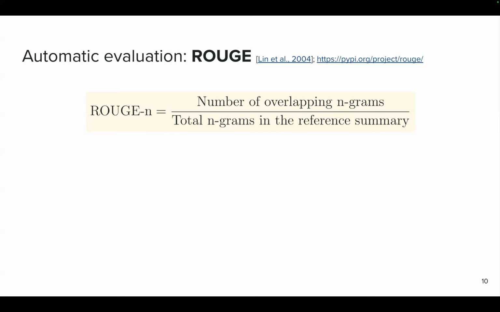Now, highlighting that distinctive property of Blue and Rouge, can you tell me how that can be an issue, especially if you want to evaluate, let's say, abstractive summaries?